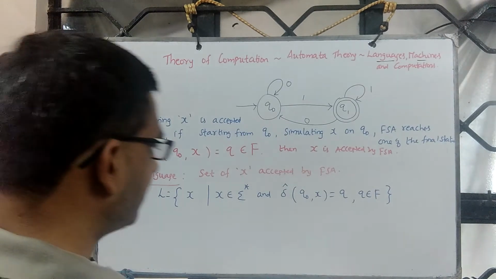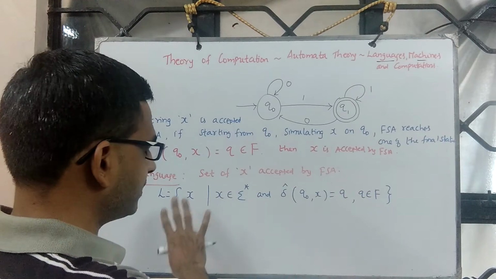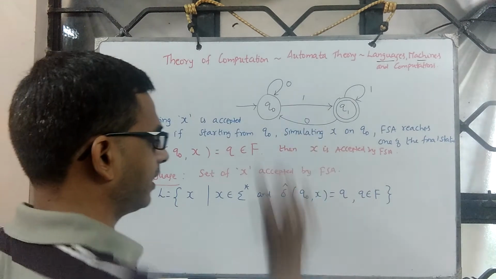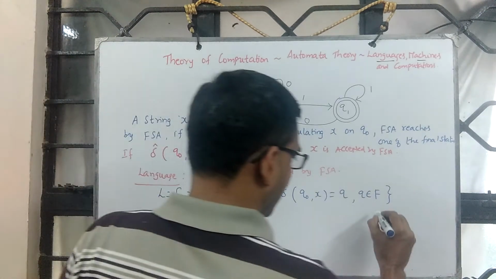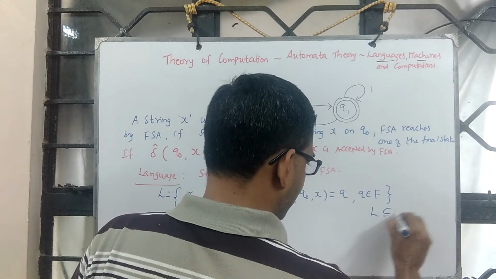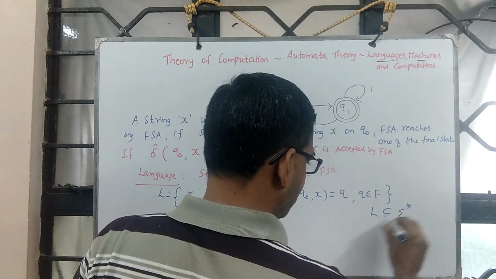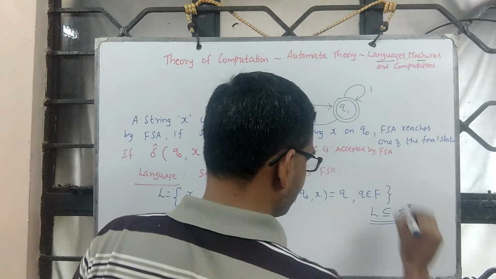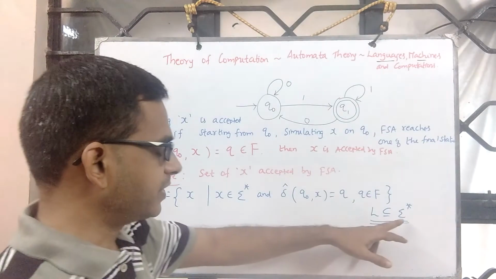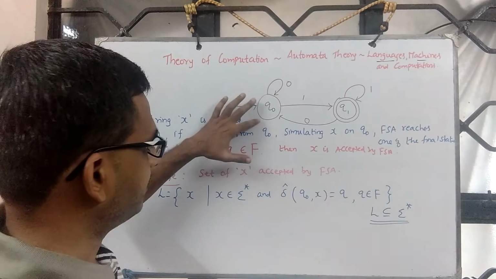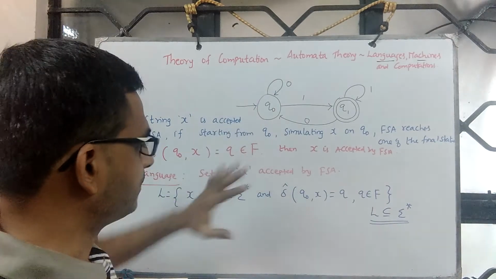We say set of valid strings, or set of strings accepted by an automaton. That's precisely the language, and it is clearly coming from sigma star. Not all of sigma star is accepted by this, only a subset.